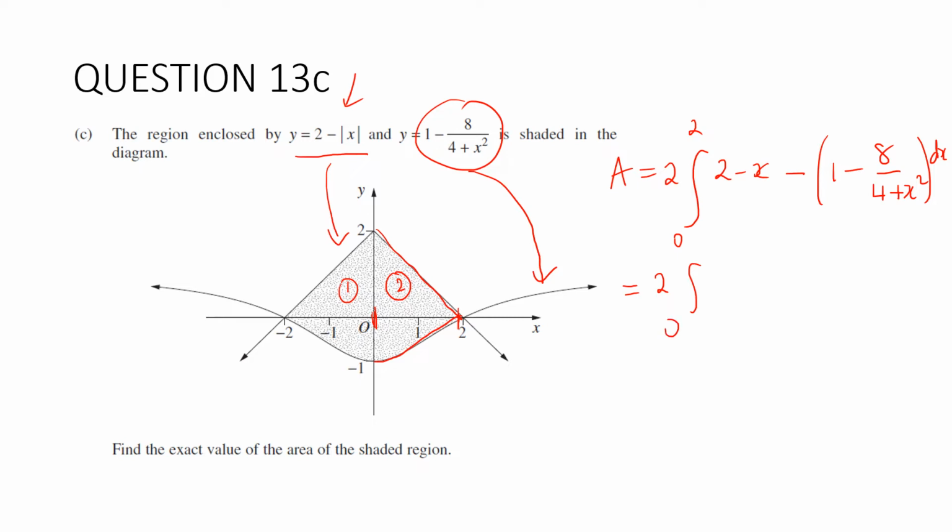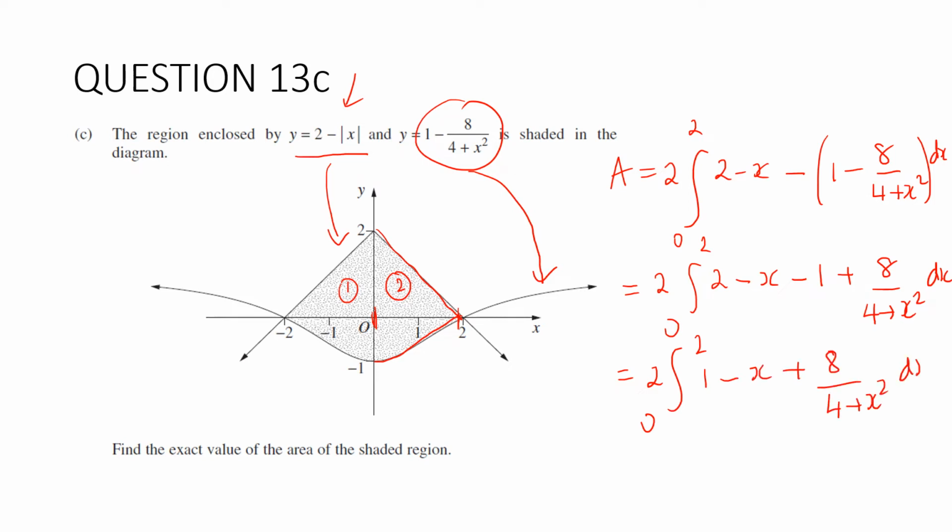Let's tidy that up first. 2 minus x, take away 1 plus 8 on 4 plus x squared, dx, equals 2 lots of the integral between 0 and 2 of 1 minus x plus 8 over 4 plus x squared dx, which is equal to 2 lots of x minus x squared on 2 plus 8 inverse tan of x on 2 divided by 2, between 0 and 2.